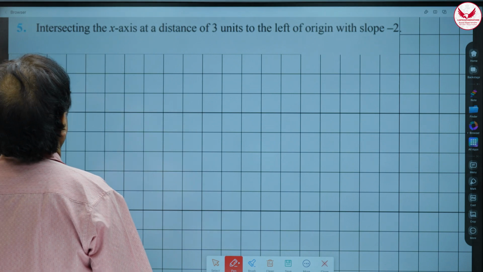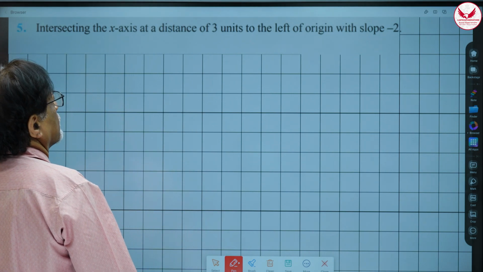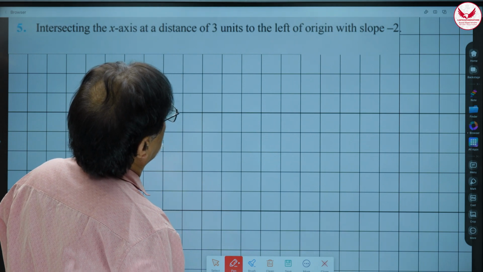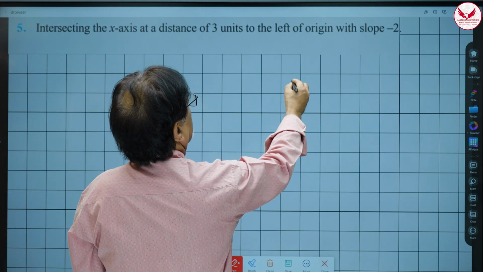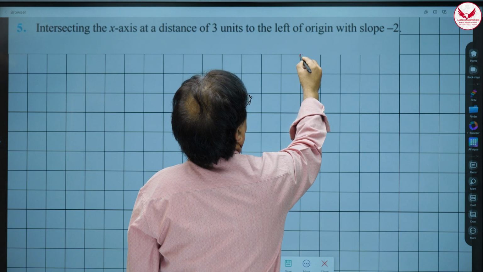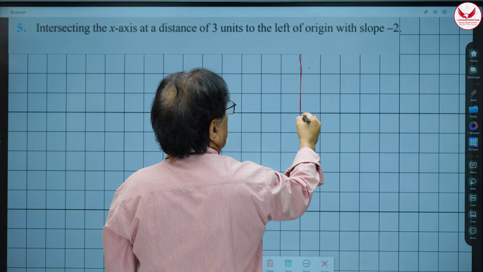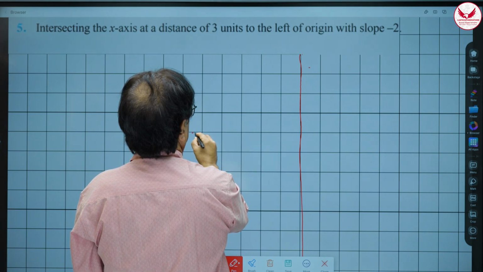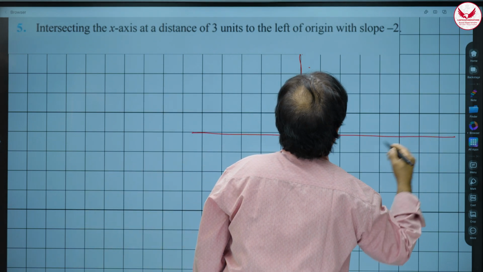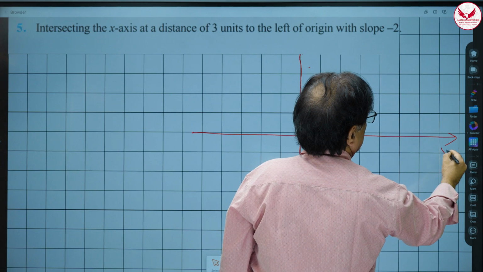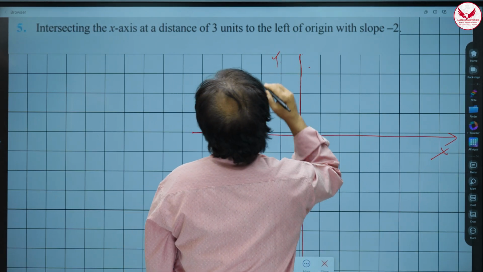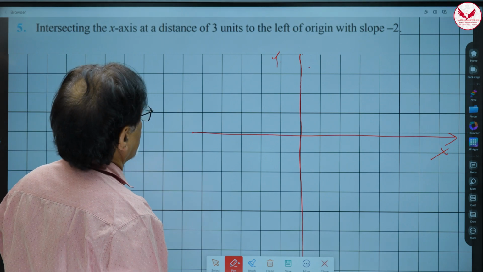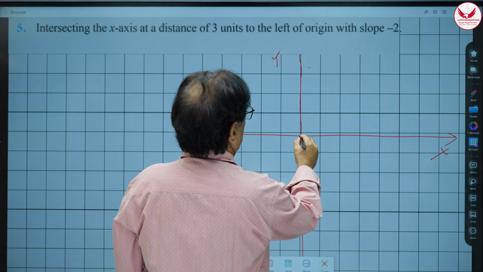Find the equation of the line intersecting the x-axis at a distance of 3 units to the left of the origin with slope minus 2. Now for this we should draw the diagram. There is a line already existing here. So let us call it the y-axis, and this line I am going to call the x-axis.